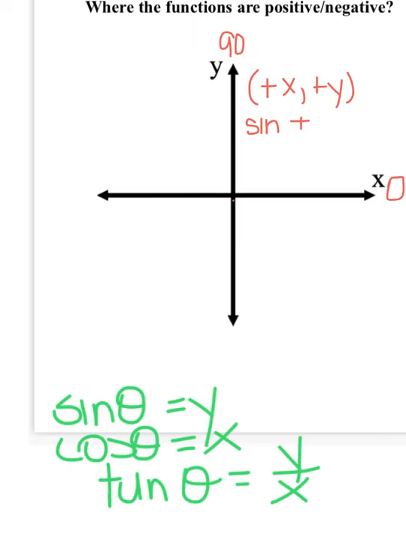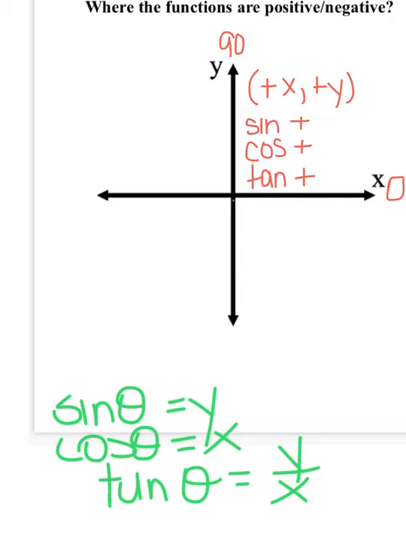Okay? So let's say you do sine of 45. 45 is in between 0 and 90, so it's going to be some positive number. The cosine is the x value, which means that the cosine is also positive. And then the tangent is y divided by x, or sine divided by cosine. Positive divided by positive is a positive.